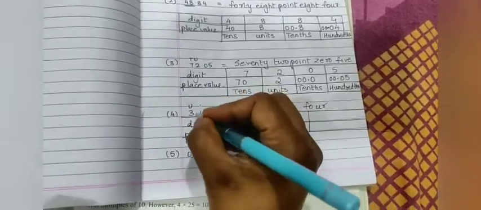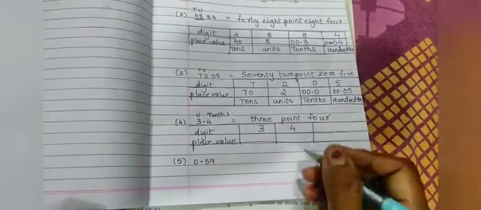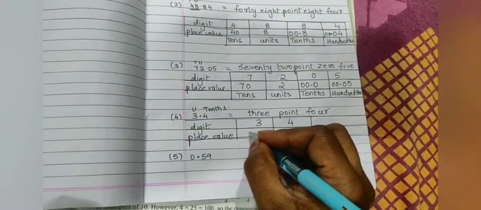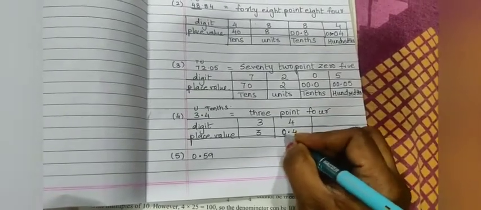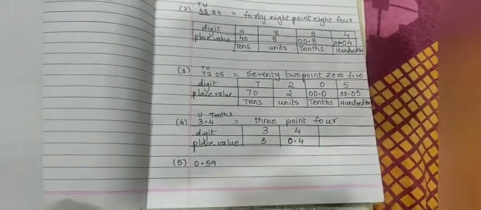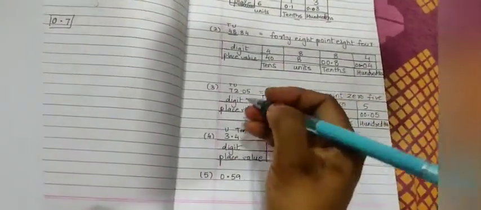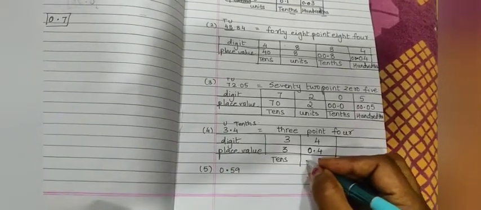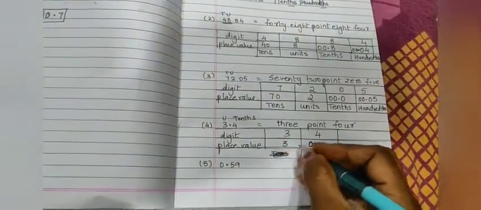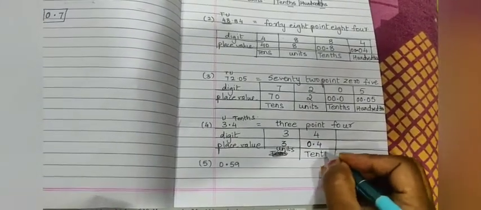This is after the point, so it is tenths. Okay, so how am I going to write 3, and this is going to be 4 and 0. Okay, 0.4. Understood? So this is tenths. Sorry, this is units and this is tenths.